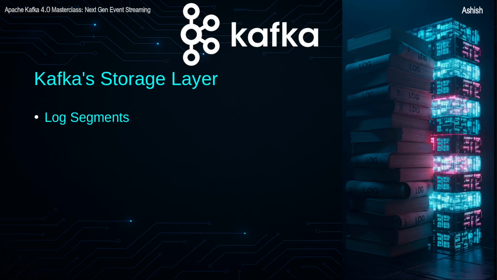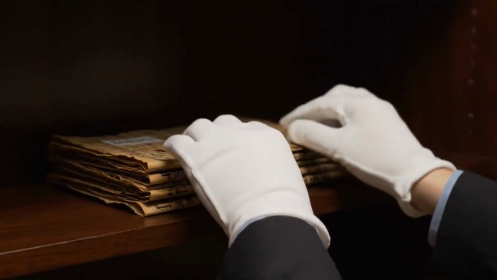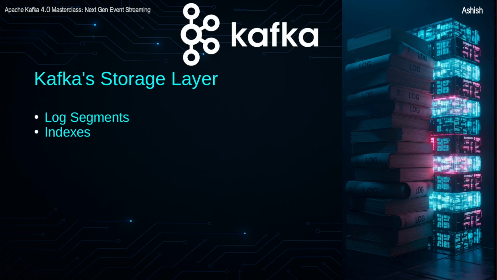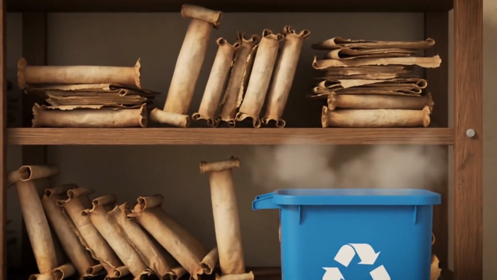We will explore log segments. This will answer how Kafka physically breaks down partitions into manageable files. Next, we'll explore indexes. This will answer how Kafka quickly finds messages by offset or timestamp. Next is log retention, answering how old data is efficiently deleted.